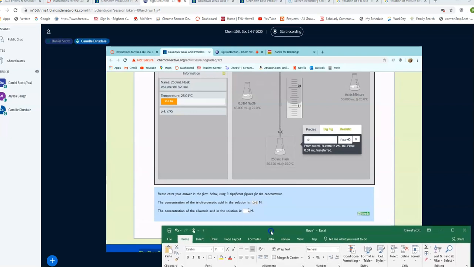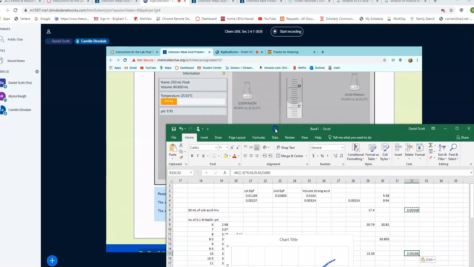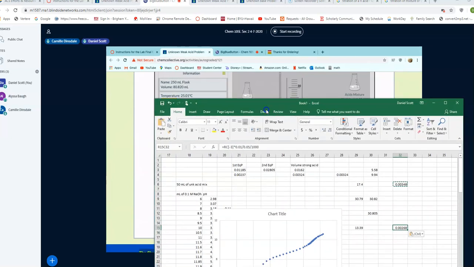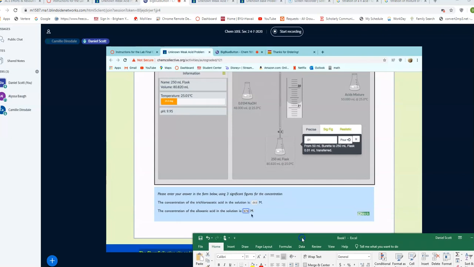Yes, and then this one is 0.00267. Oh wait, yeah, 2678. What? 268 for 3 significant digits. Okay, so 268. Criminy. All right.